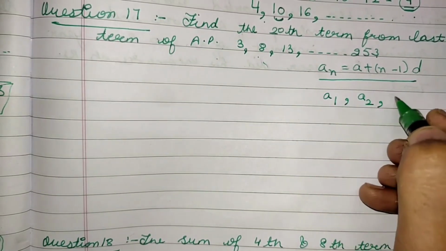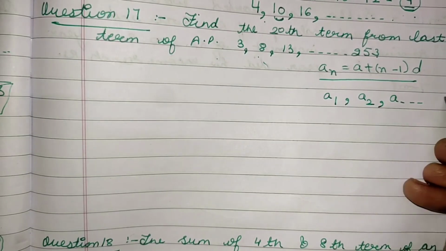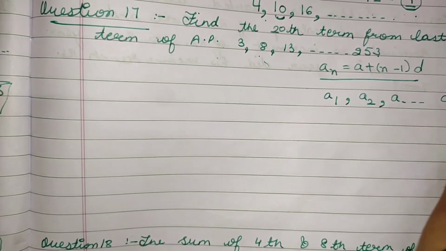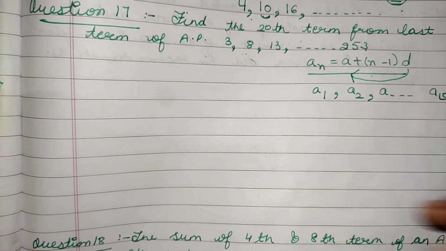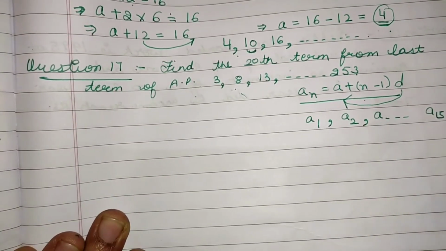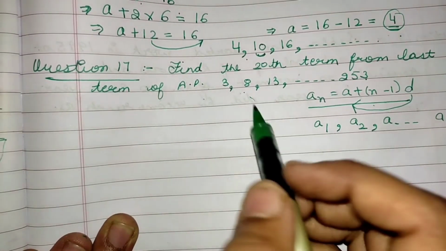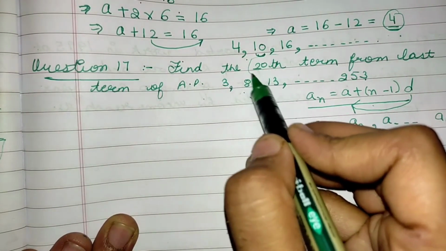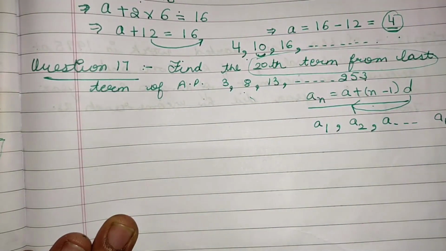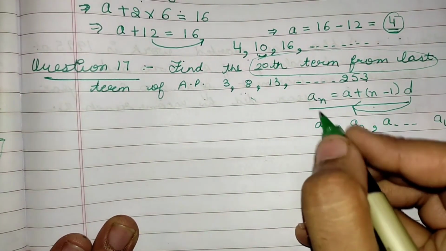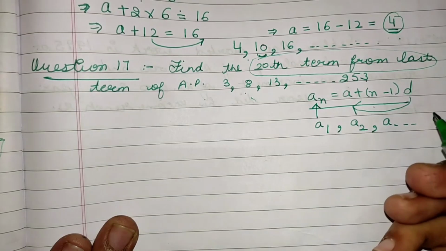I can find the first term from the starting, the second term, the 15th term from the starting, but I cannot find the term from the last using this formula. So I first have to find which term from the starting the 20th term from the last is, because I know the formula to find any term from the starting only.